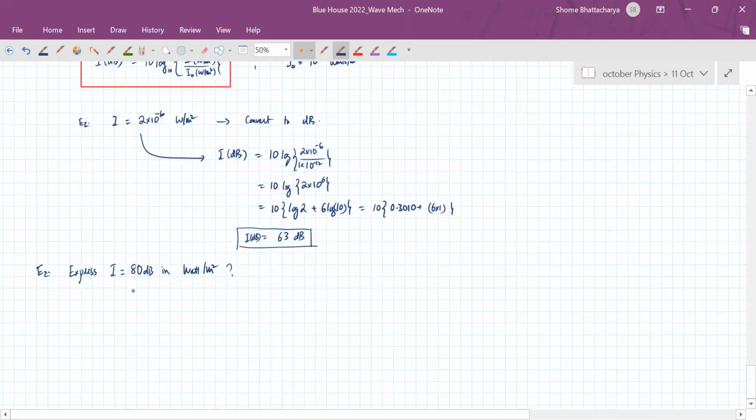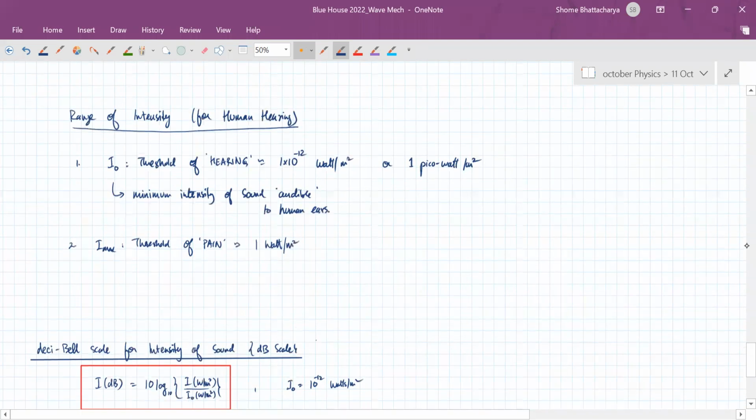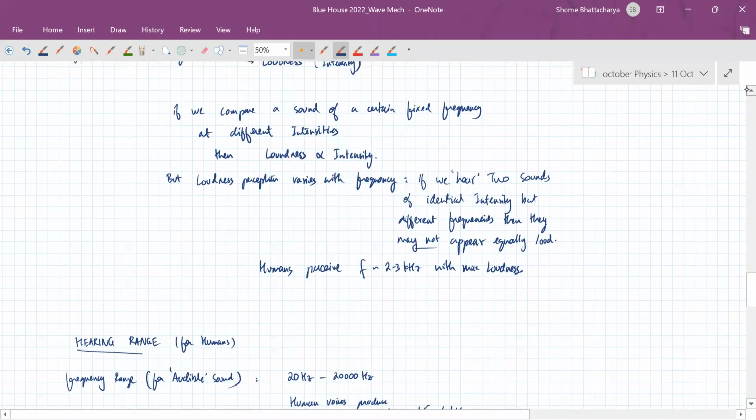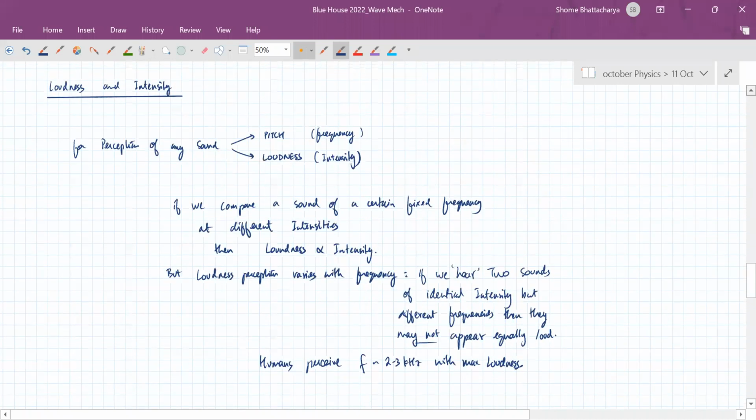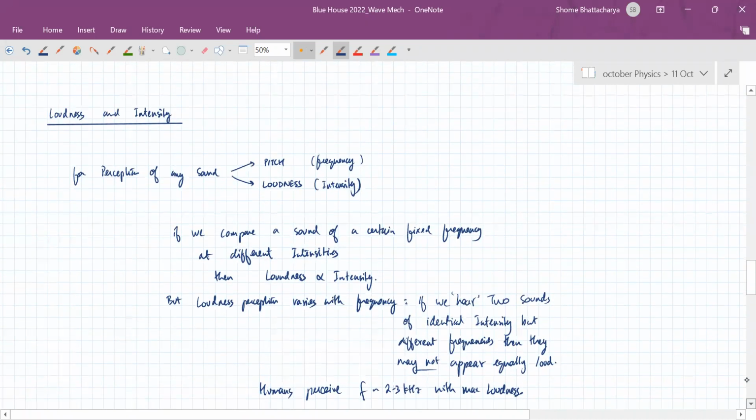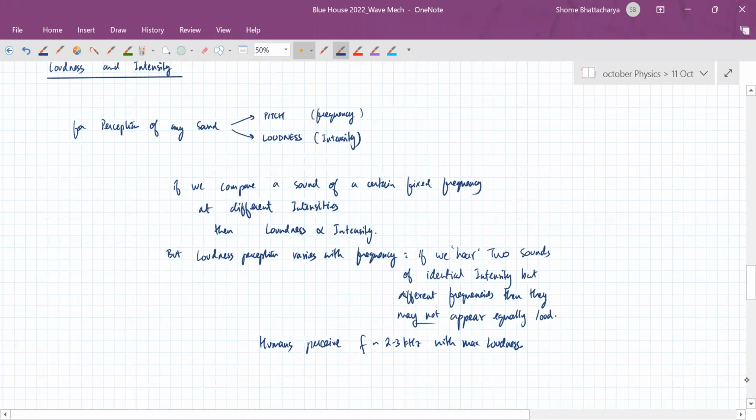Can you also show the loudness and intensity part? Yes, sir.